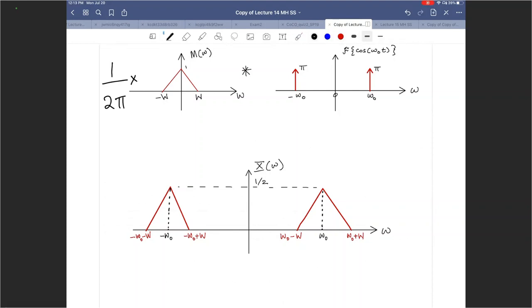And in terms of the nomenclature, this is called a signal at baseband, centered around DC. And this is signal at passband. So we have up converted the signal in frequency, shifted it up and down.